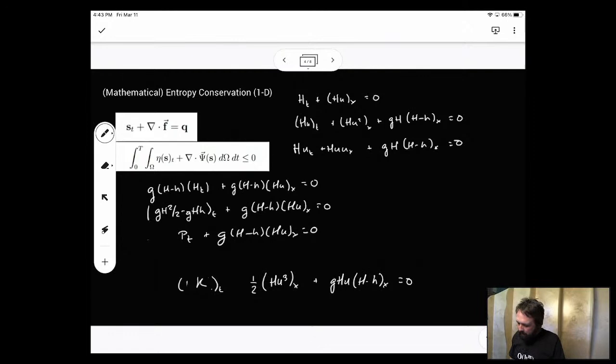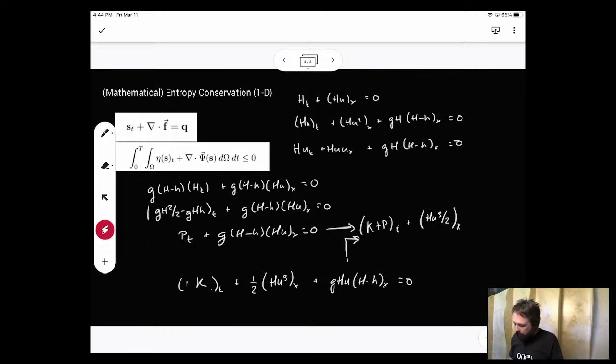So if I add together kinetic plus potential, I'm going to add this guy, I'm going to add this guy. We've got (K plus P)_t, plus the 1/2, let me go ahead and just move that inside, I've got hu cubed on 2, dx.